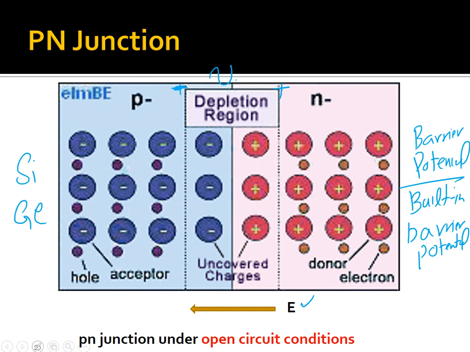In silicon, the value of this potential is around 0.7 volt, and for germanium this value is around 0.3 volt. So basically we get a potential drop here of 0.7 volt, which is actually stopping the flow of the charges.